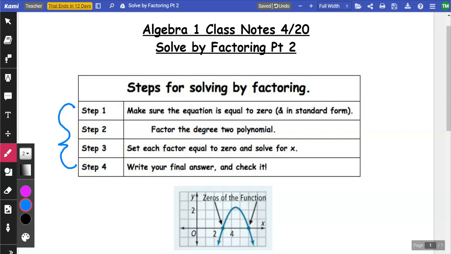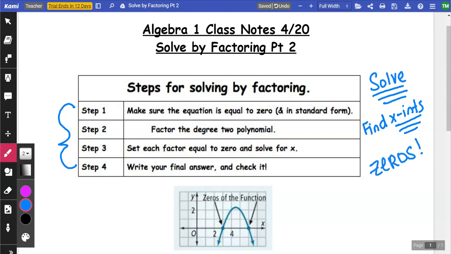As a reminder, when we solve quadratic functions, solving really means to find the x-intercepts. If you recall from the last video, what else can we refer to x-intercepts as? That's right, we can refer to them as zeros.